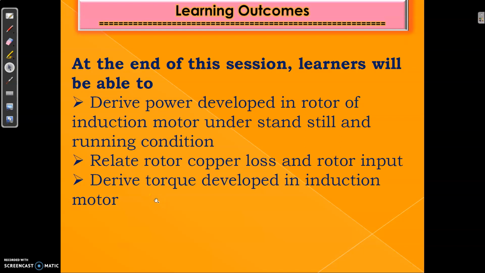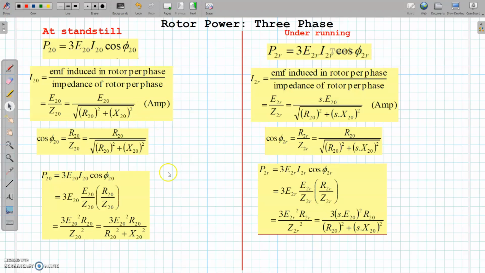So before starting this session, let me introduce the equation for three-phase power. In a three-phase circuit, we know that the three-phase power is given by two equations. One is root 3, that is sqrt of 3 into VL IL cos phi.